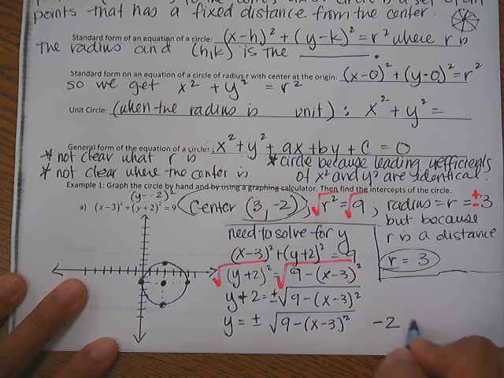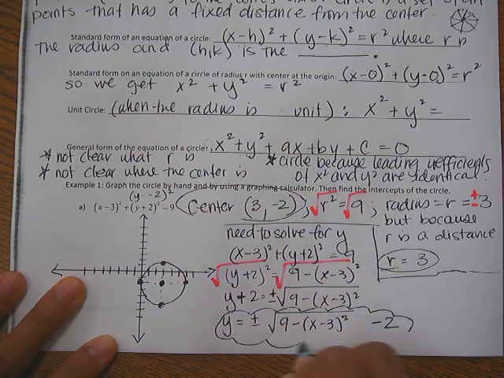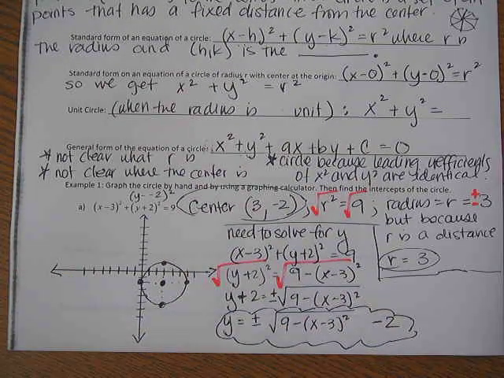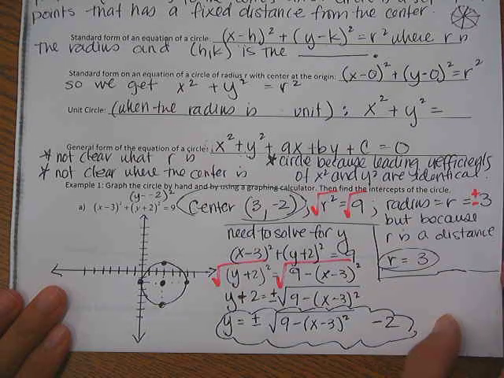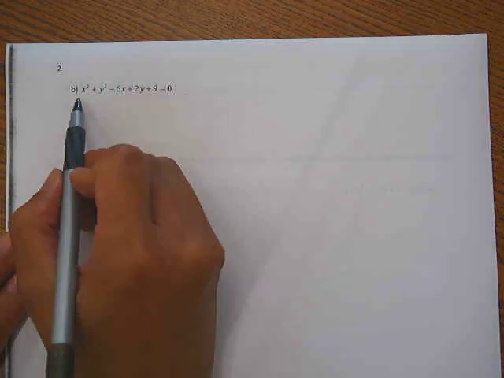So this is what you would need to enter in your calculator, and I hope you know how to get that. Okay? Alright, let's move on to the next one. Okay. So this one, notice how it's giving this to you in a general form, not the HK form.